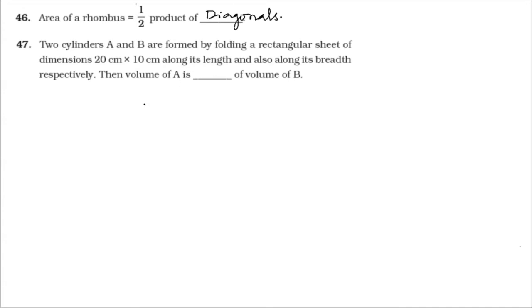The volume of A is dash of the volume of B. So here there are two rectangular sheets having the same dimension, but one of the rectangular sheet is made into a cylinder along with length. One more is made into a cylinder along its breadth.